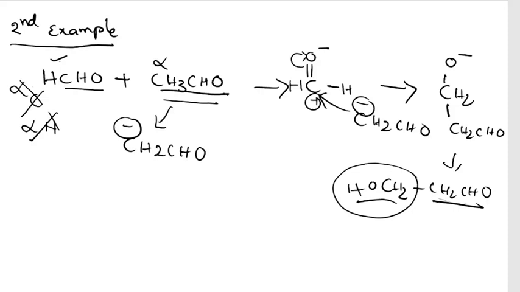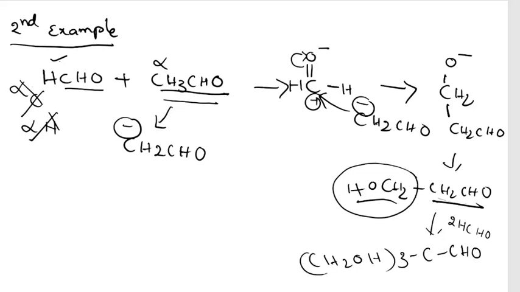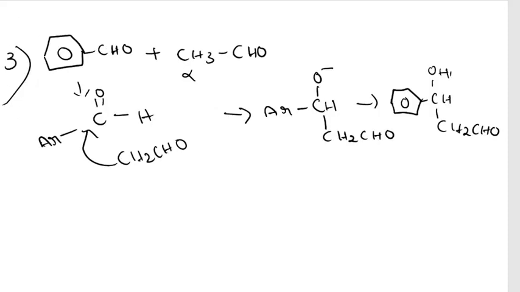On extensive aldol condensation with two more formaldehyde molecules, all the alpha hydrogens get replaced by CH2OH, so that the product will be CH2OH three times, and then CHO will be the final product. Then formaldehyde and acetaldehyde undergo crossed aldol condensation. Similarly, when benzaldehyde and acetaldehyde undergo aldol condensation, you can see the product here.